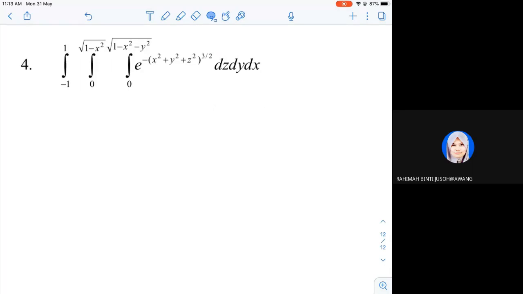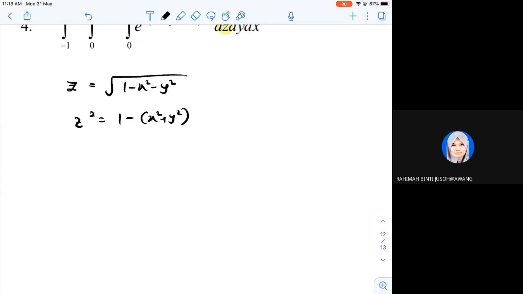Okay guys, so now let's take a look at the limit. Here limit of z is square root 1 minus x squared minus y squared. So z squared equals to 1 minus x squared minus y squared.